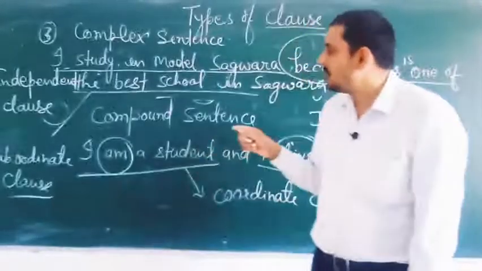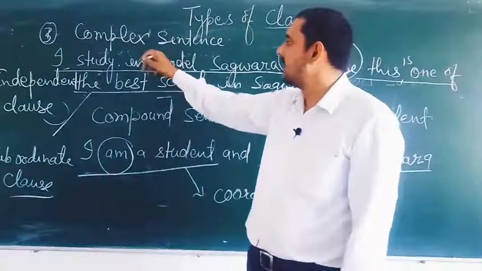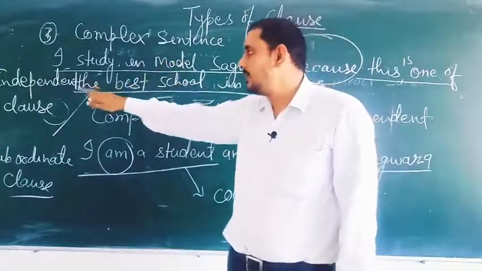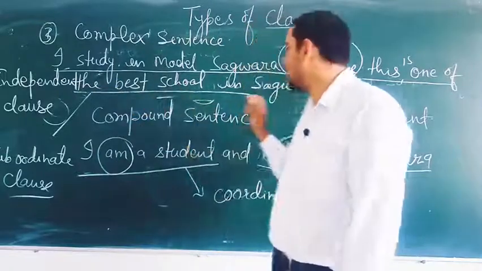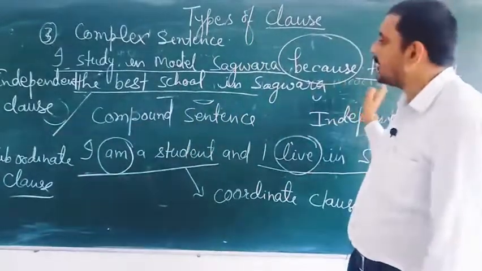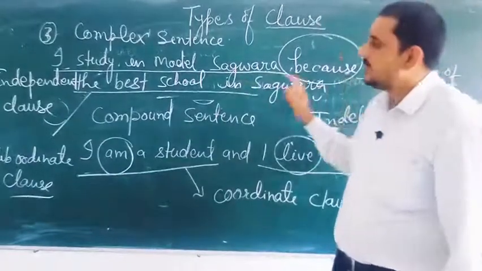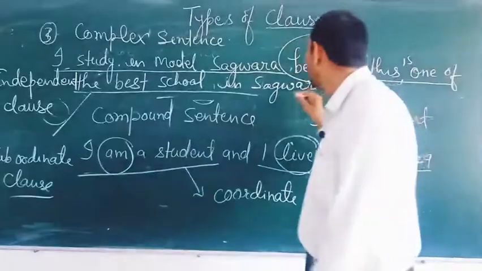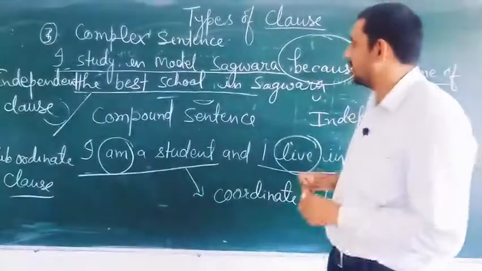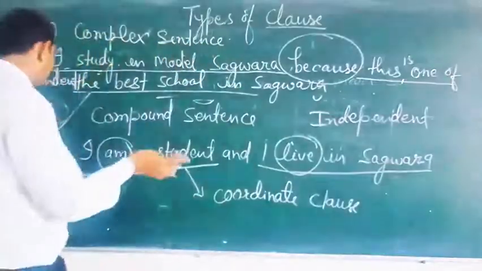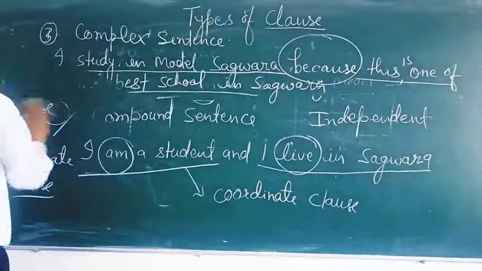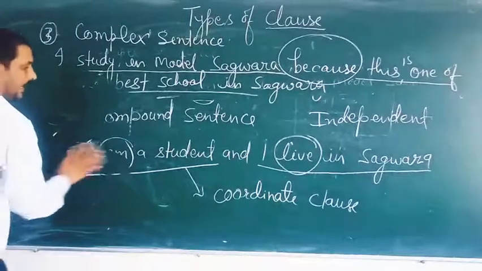And the third one is the complex sentence, which has one independent clause, also called the principal clause, and a second clause that is a subordinate clause, connected with a subordinate conjunction. So these are the types of sentences. Now we go ahead.